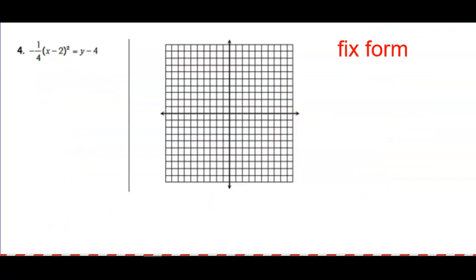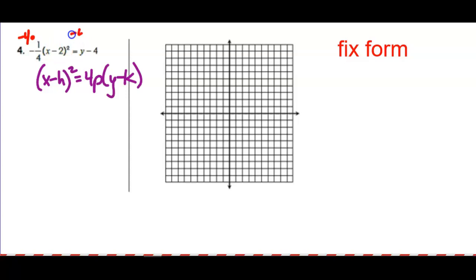All right, on one like this, they're trying to trick you because remember the formula goes x minus h squared equals 4p times y minus k. So we need to put the 4p over on this side. To move that to the other side, we're going to multiply by a negative 4 times negative 1/4. We'll get rid of it here.